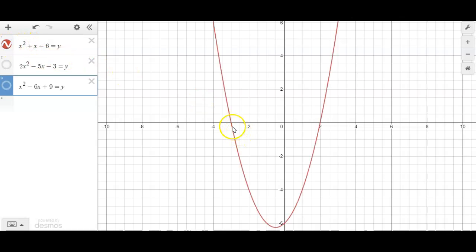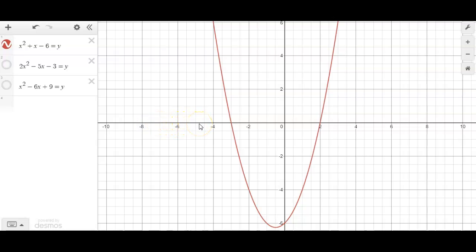To find where the y values are 0, keep in mind the y values on the y-axis here: 6, 4, 2, 0. So y equals 0 is where the graph crosses the x-axis, where the y values are always 0. Anywhere across this line, the y values are always 0.